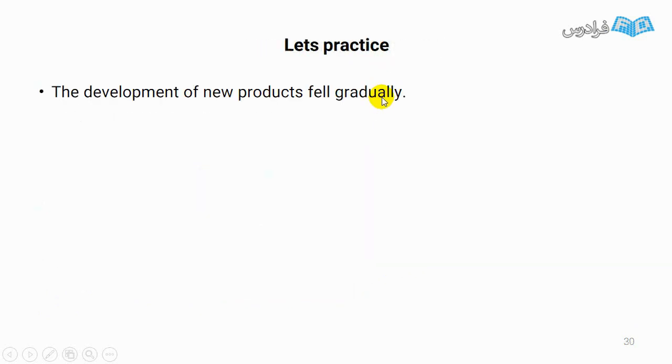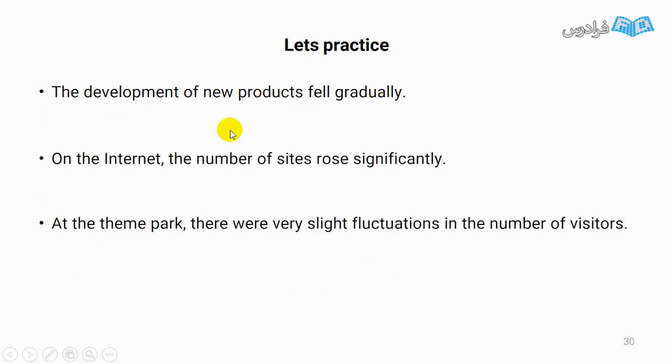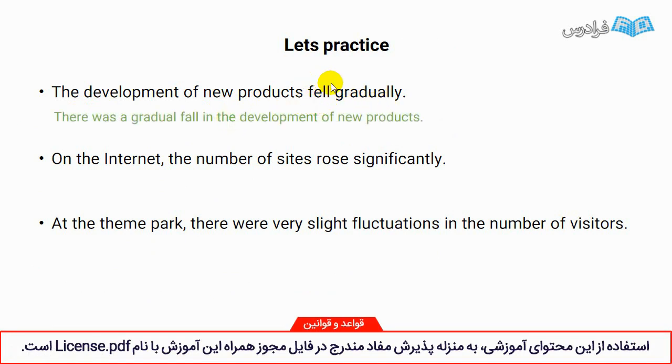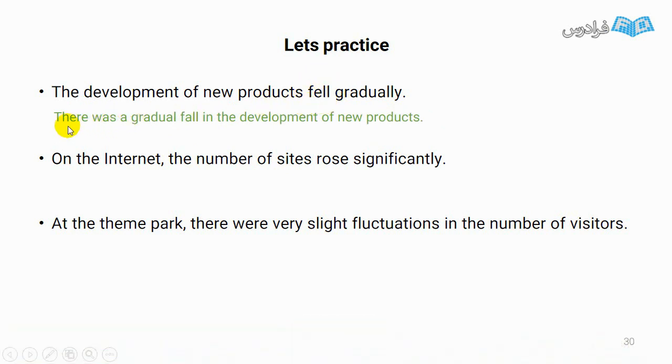Let's practice. There are 3 examples. The development of new products fell gradually. Here I have verb plus adverb. Because the verb tense is past simple, I use was. There was a gradual fall in the development of new products. On the internet, the number of sites rose significantly.